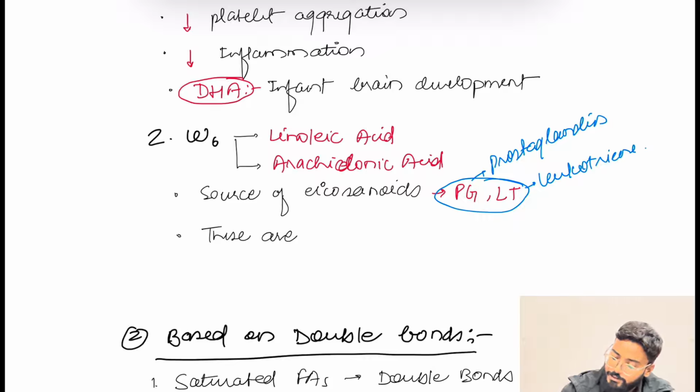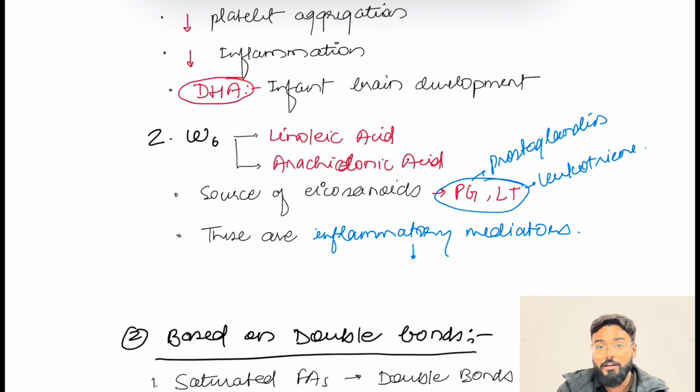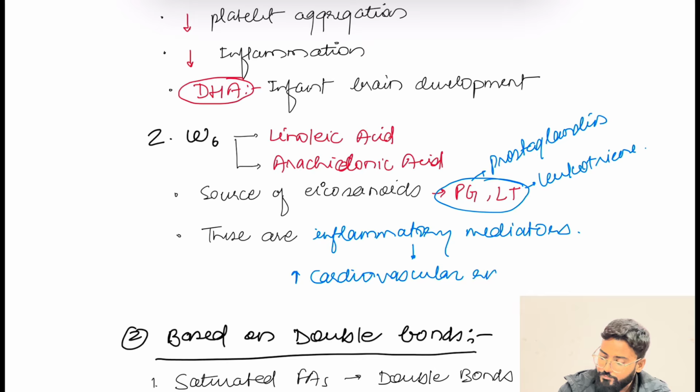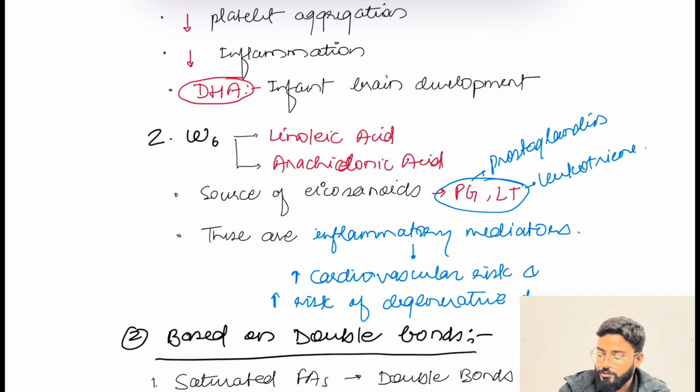These are your inflammatory mediators, and whenever they get formed or activated, they cause inflammation, which in turn increases cardiovascular risk and increases risk of degenerative disorders.